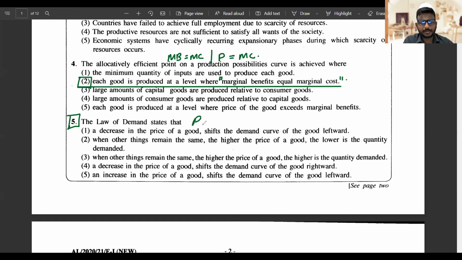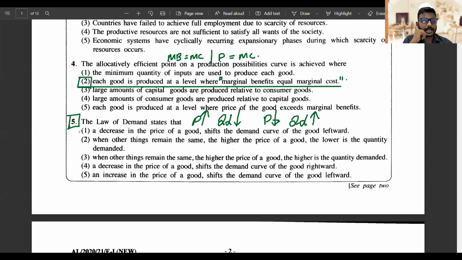When the price of a product goes up, what happens to quantity demanded? It comes down. When price comes down, quantity demanded goes up. So that's what the law of demand says. There's a negative relationship between price and quantity demanded, right?